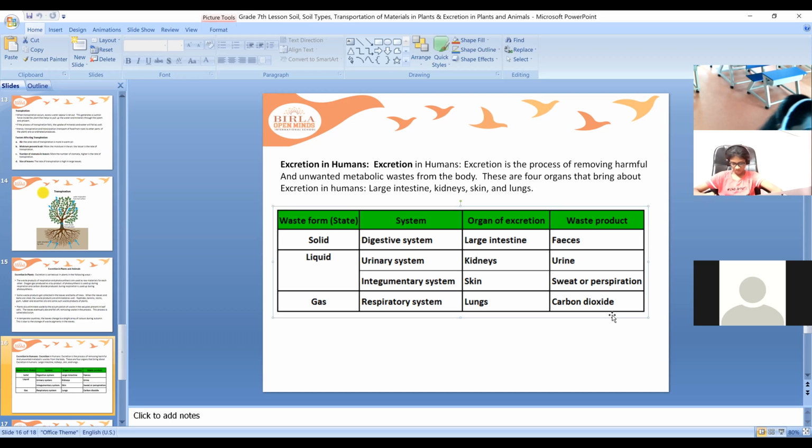And the liquid waste is eliminated through the kidneys in the form of urine, and through the integumentary system, the skin, you can eliminate in the form of sweat or perspiration. It's nothing but you are just eliminating water out.